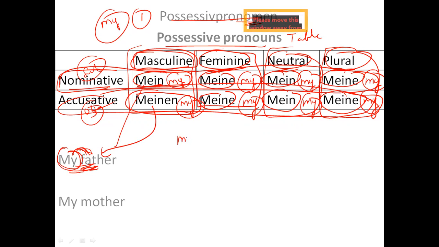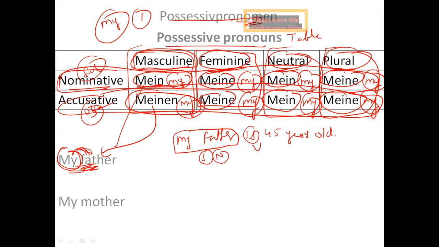If I say my father is 45 years old, here my father is subject, that means nominative, is is verb, and 45 years old is the rest part of the sentence. So this is subject nominative and father is masculine. Hence I'll be using mein.